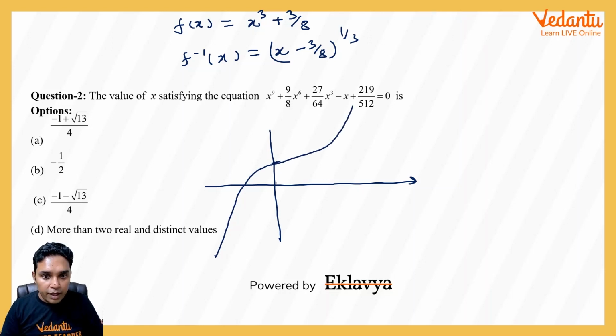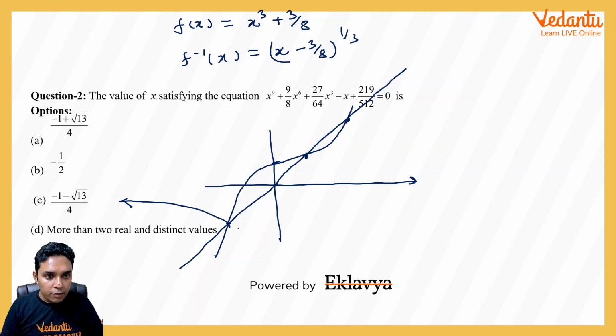Now the line y is equal to x is going to intersect this graph at 3 points, which we have already found. I think minus 1 by 2 was 1 point, and these A and C options are 2 more options. I think minus 1 minus root 13 by 4 will be here. It can be checked actually, and minus 1 plus root 13, and one more we got was 1 by 2. So these will be here.